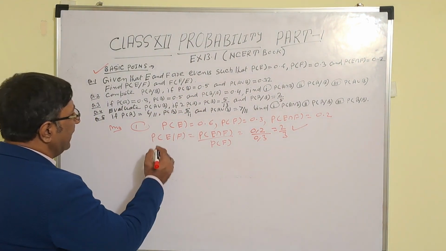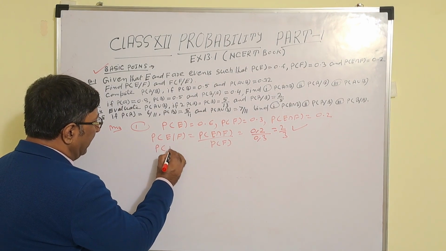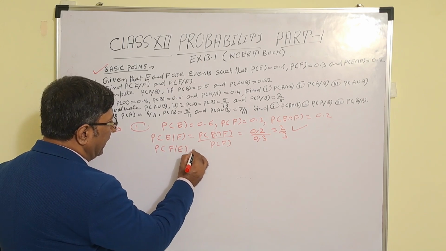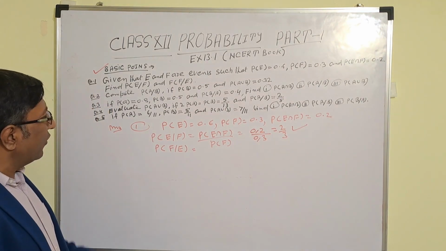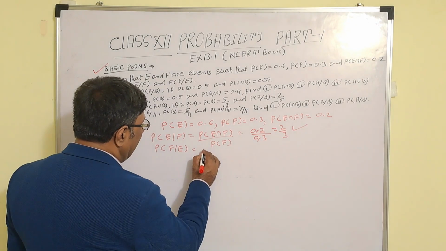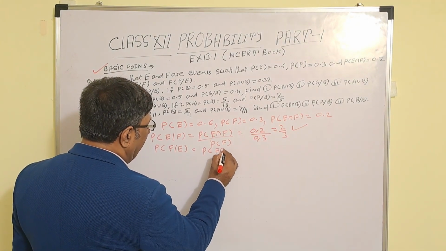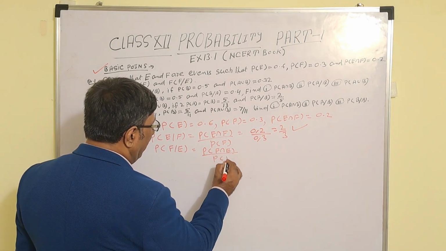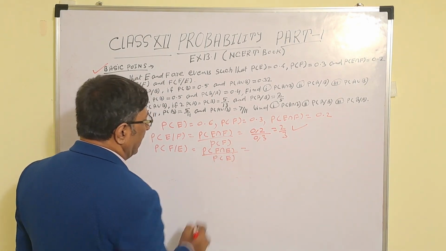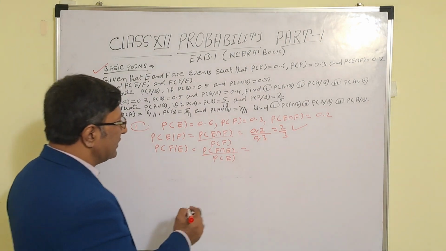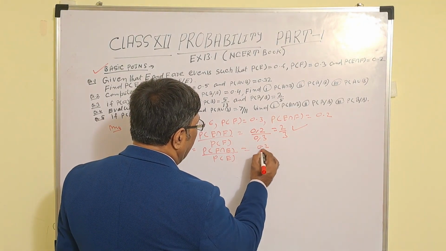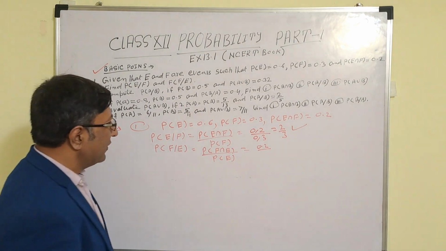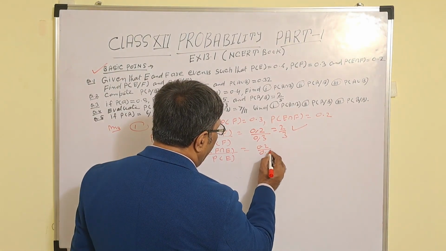In the same way, we have to find probability of F by E, that means the conditional probability of F when E has already occurred. So what is this? Probability of F intersection E divided by probability of E. Again F intersection E is the same 0.2, and probability of E is given as 0.6.